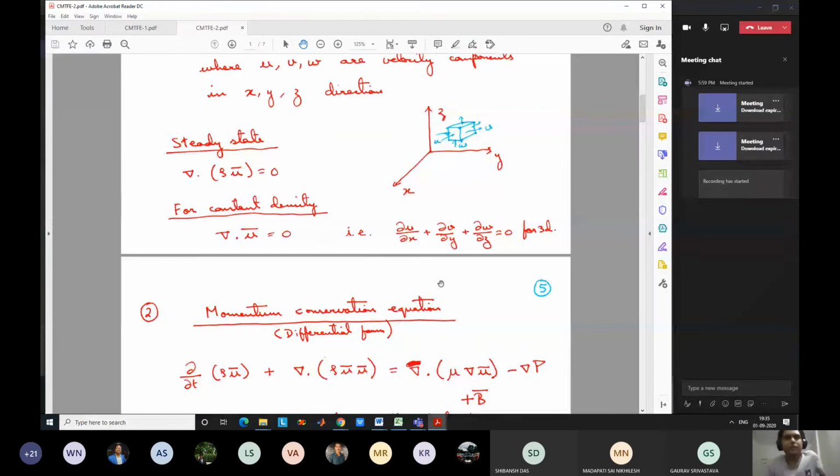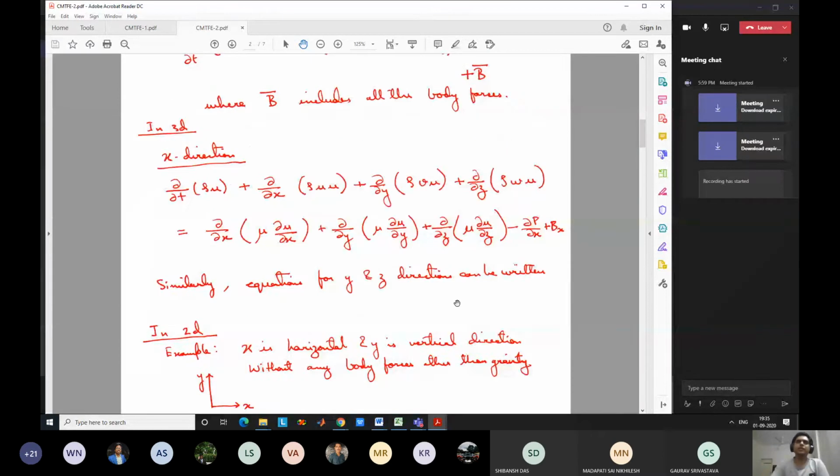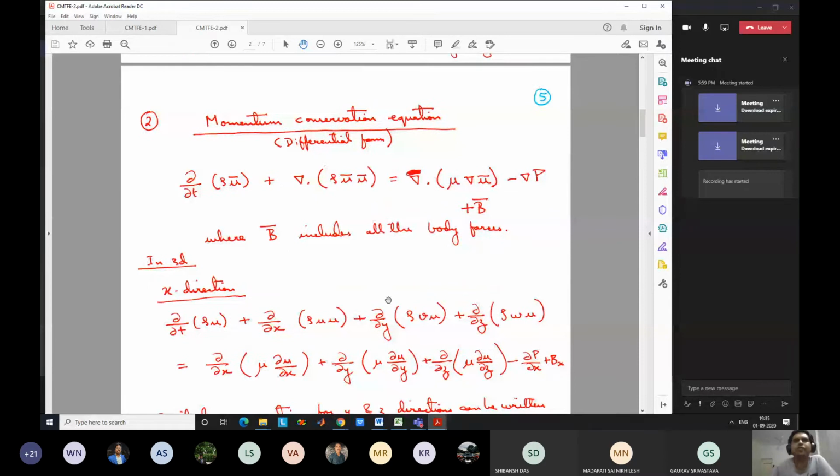People will ask you, even in interviews or any problem, you will encounter this form of the equations. So better to memorize this. This is a very fundamental equation, and it's not difficult to remember. You just have to know what the terms are. We will see that there is structure to everything.